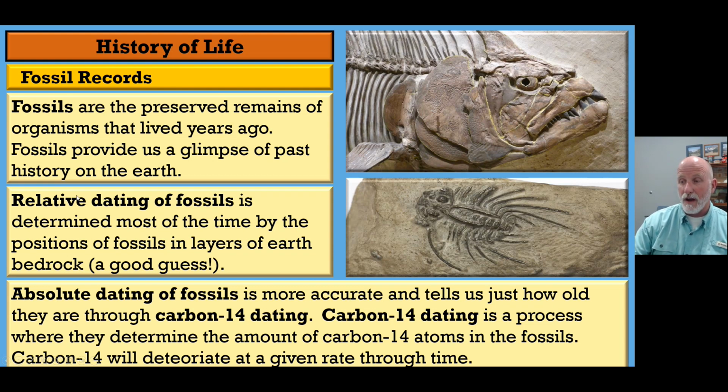We talk terms like relative dating of fossils, where we get a good guess based on facts we're seeing, more where they find them in layers of rock. Absolute dating is when you go to carbon-14 dating or use other things, like fluorine as well, but carbon-14 is by far the most common.